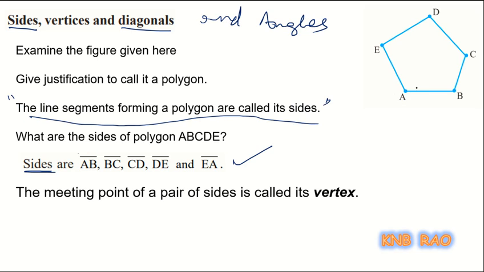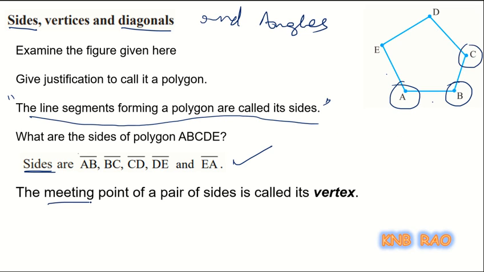Next, there is a common point of any two line segments that you take here. Between EA and AB there is a common point. Between AB and BC there is a common point B. Between CB or BC we say and CD there is a common point.